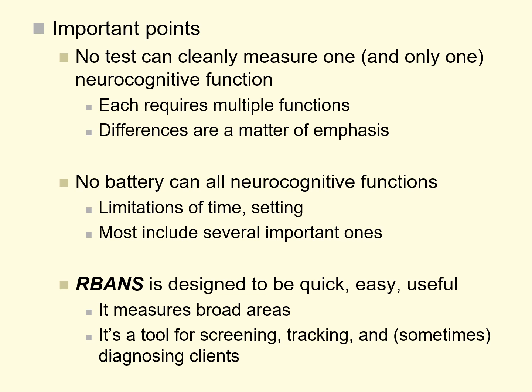So if you take these different indices like language and visual spatial construction and attention and different forms of memory, and keep those in mind, and refer back to some of the previous lectures, you'll see that they map onto our information processing model of neuropsychology, and that's by design. The RBANS is supposed to hit those broad areas, and measure them in a way that is useful for screening and for tracking functioning, and sometimes for diagnosing clients.